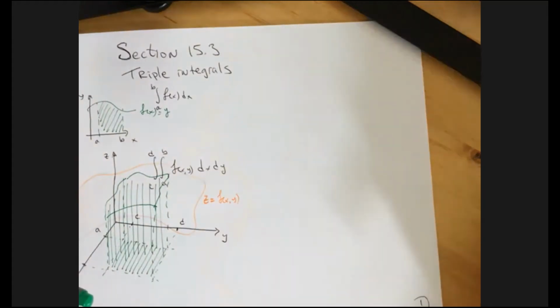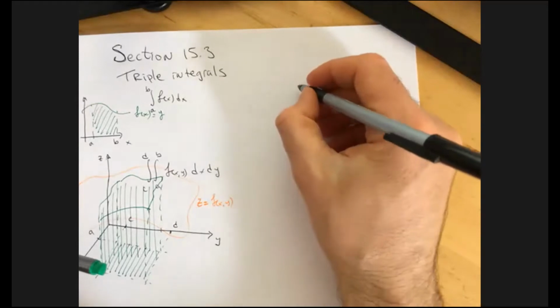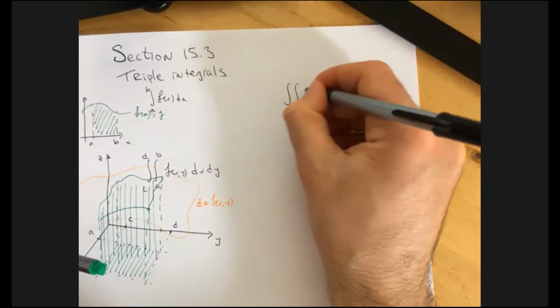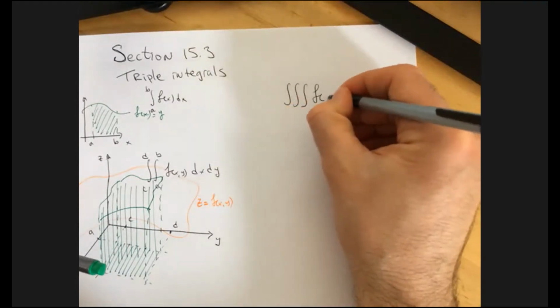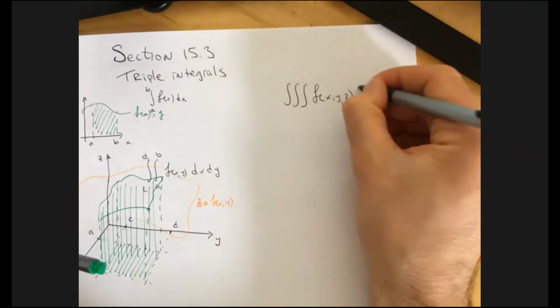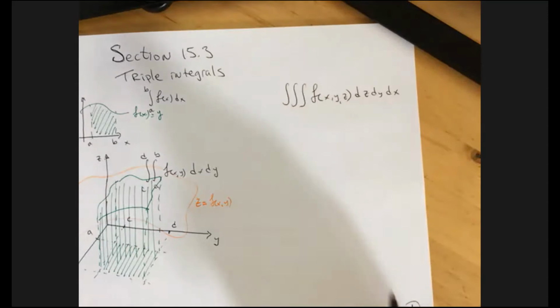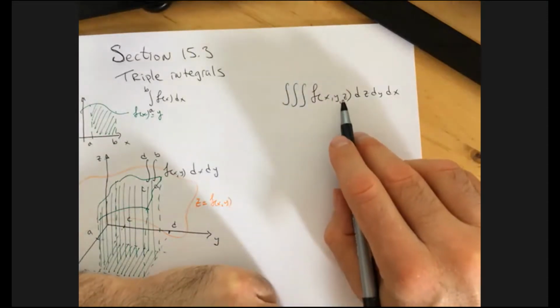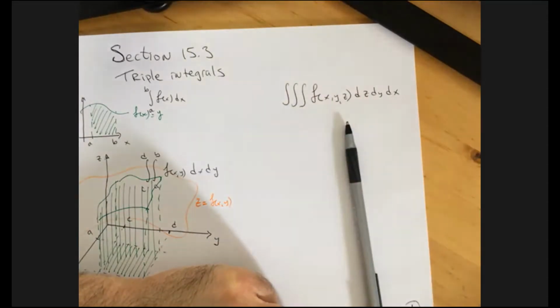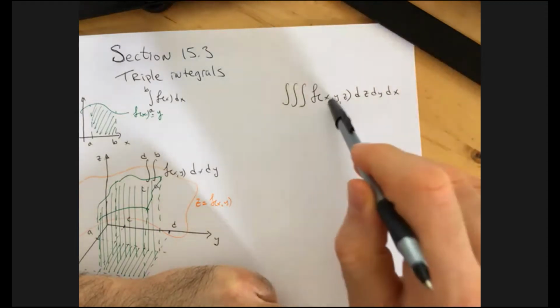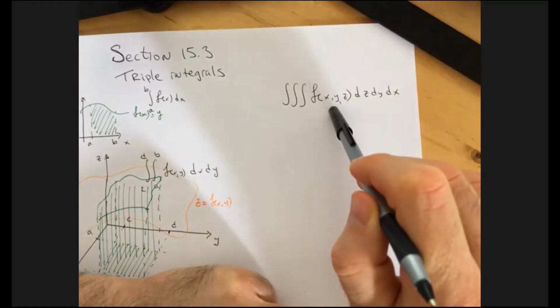And the question is, well, what is going to happen now? So now if I evaluate the triple integral of a function defined in x, y, z, dz dy dx, first of all, what does this represent? The first thing that we have to think about is that this here is a four-dimensional surface, right?